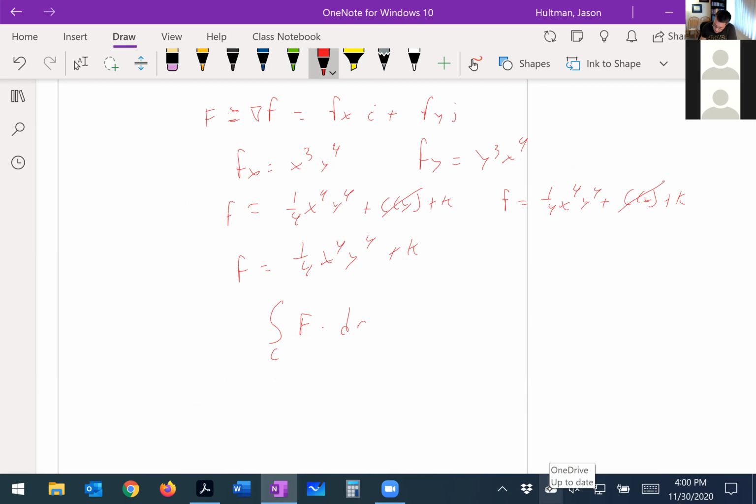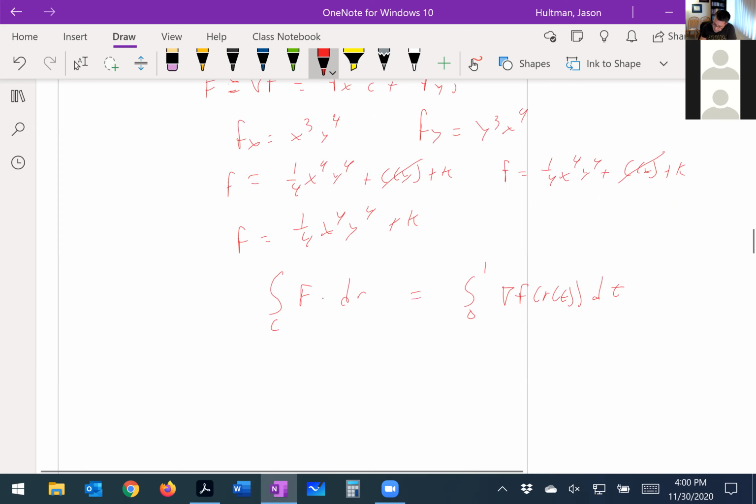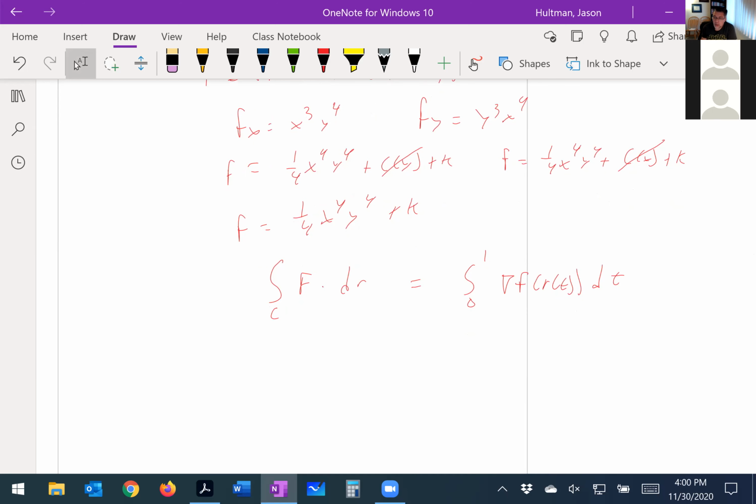So this thing is going to be equal to the integral from 0 to 1 of the gradient of f, little f, of r of t dt. Which, according to the fundamental theorem of line integrals, is going to be f of r of 1 minus f of r of 0.